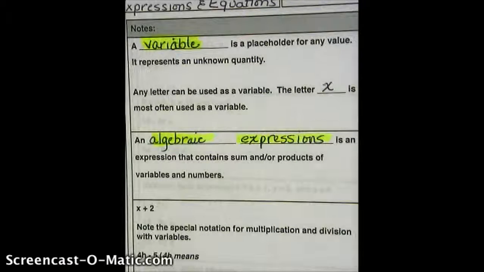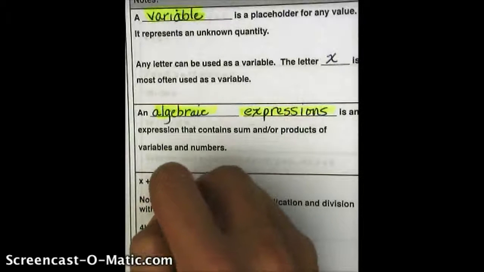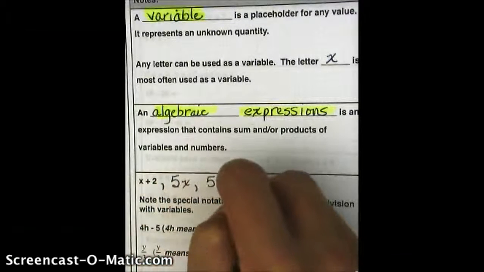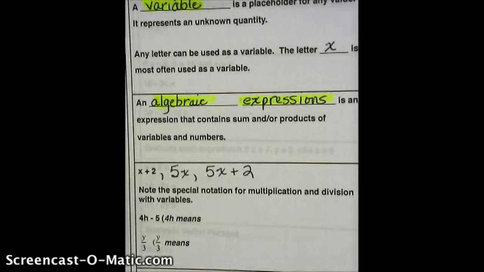Some examples of expressions. X plus 2 is an example. 5x is an example. 5x plus 2 is an example. And you might note the special notation that we use for multiplication and division in pre-algebra, where we're using variables.